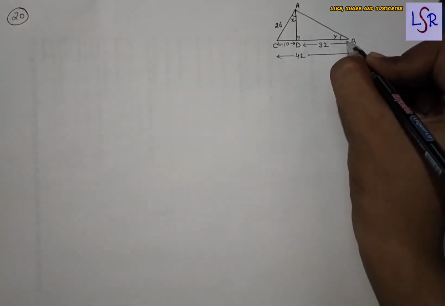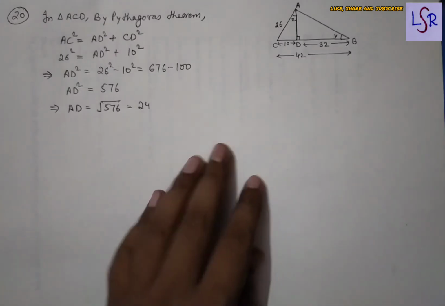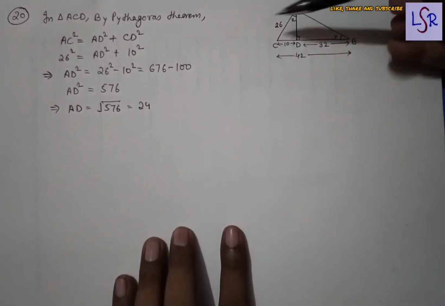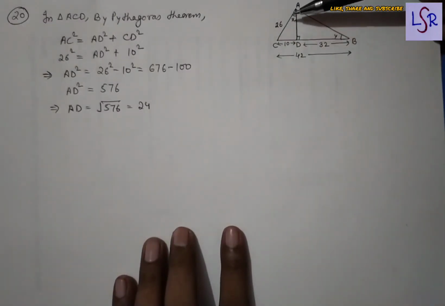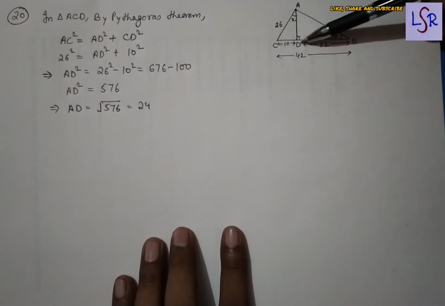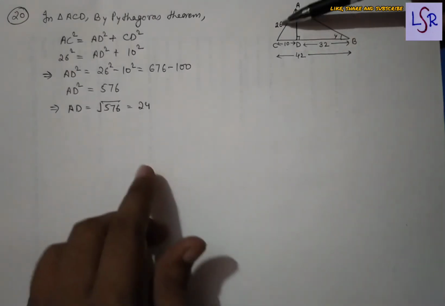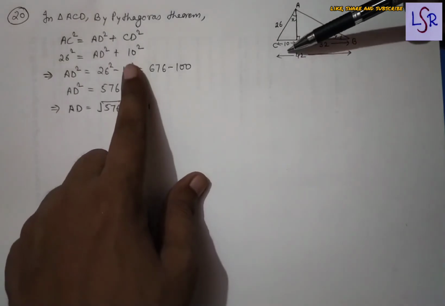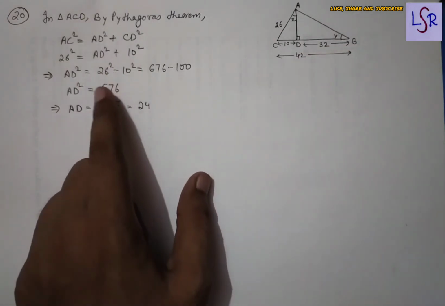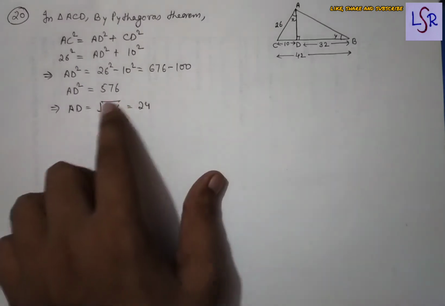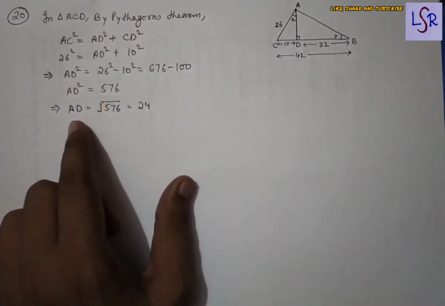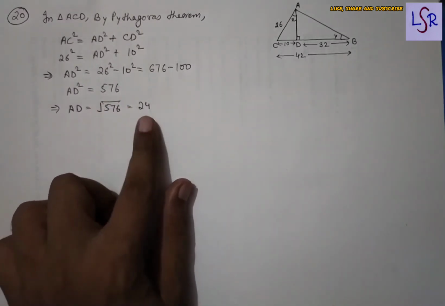And now with the help of the Pythagoras theorem, in triangle ACD we will find this one, and then with the help of Pythagoras theorem in triangle ABD we can find this side. Here in triangle ACD we have applied Pythagoras theorem, that is AC square equals AD square plus CD square. On placing the values of AC as 26 and CD as 10, and on solving and transposing, we have got AD square as 576, and taking the square root on both sides, we have got 24 as the value of AD.